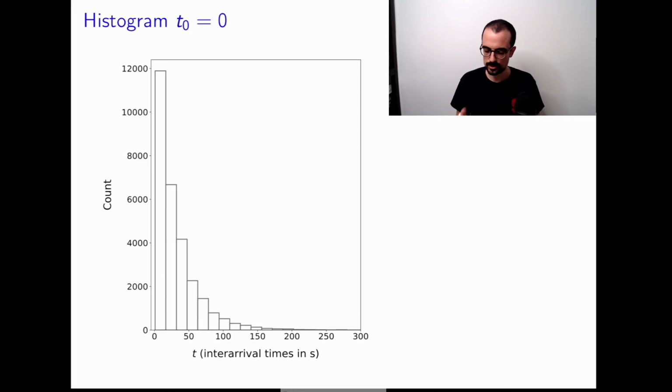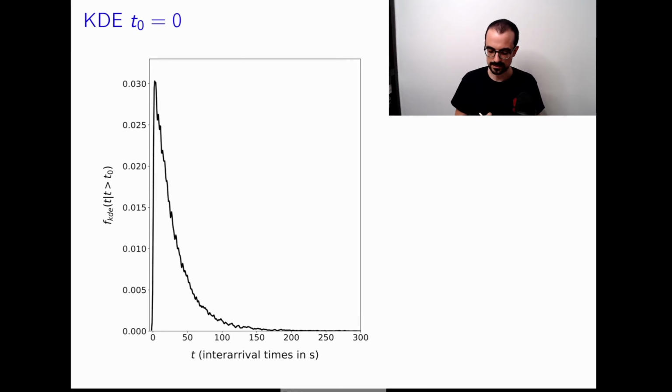Okay, so first we're just looking at the histogram of inter-arrival calls in the same call center dataset. This is just a histogram of all the calls between 9 and 10 a.m., and this is the kernel density estimate corresponding to that histogram. It looks pretty exponential, as we were talking about fitting an exponential to this earlier on.